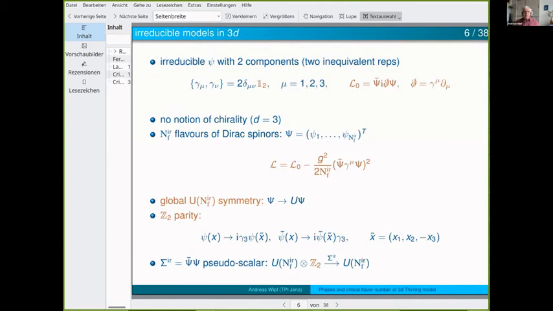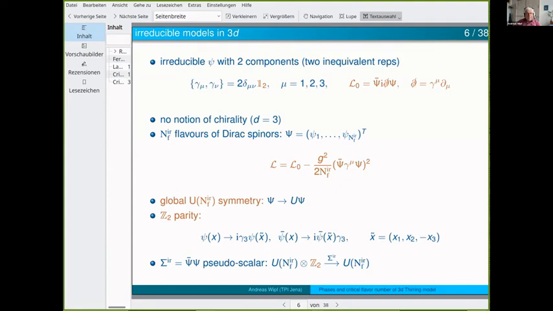We should contrast this to the model built on the 2-component spinors, the irreducible models. So now the gammas are 2 times 2 matrices. And so there is no notion of chirality in this model. And the Lagrangian is again the same. We have NF number of flavors. And now this model has a U(N) symmetry and parity, of course.